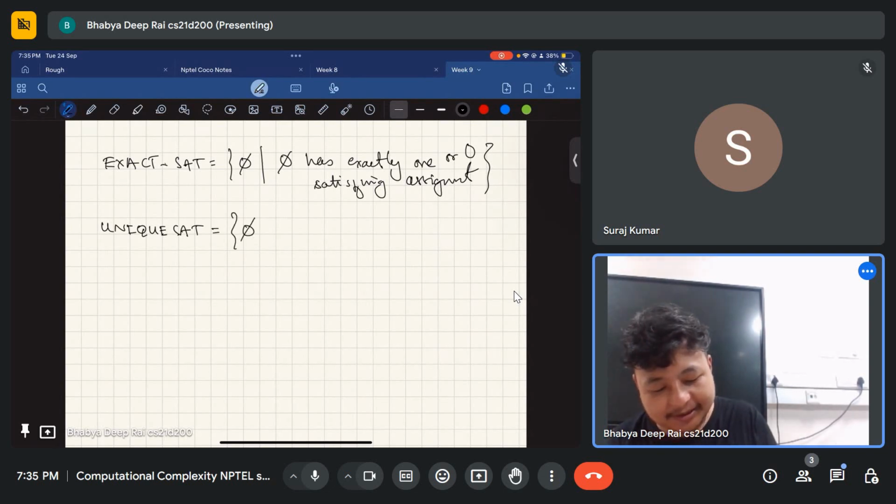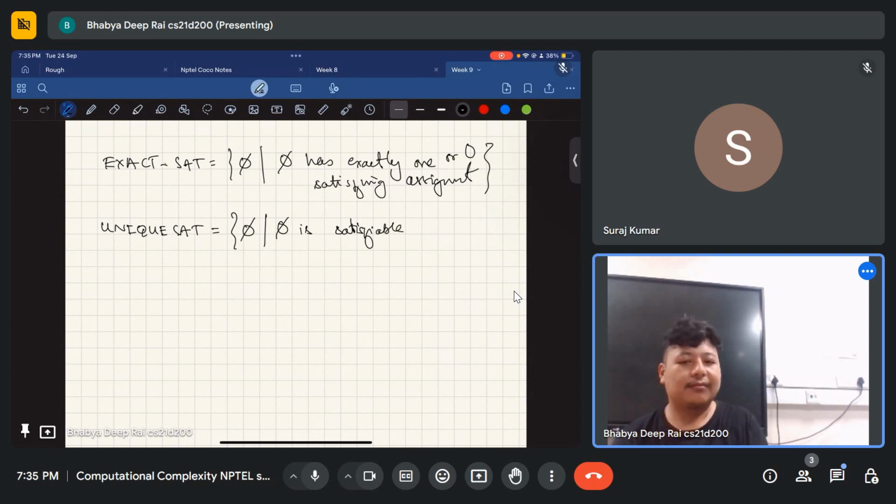What unique SAT is: phi such that phi is satisfiable. And there is a promise which is totally outside all of this.